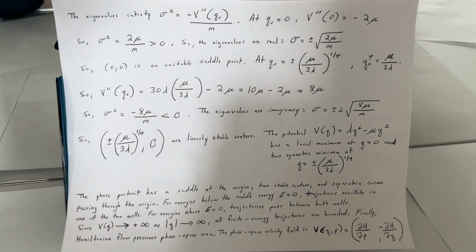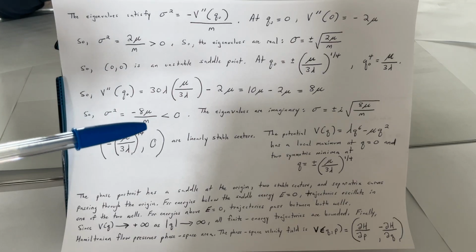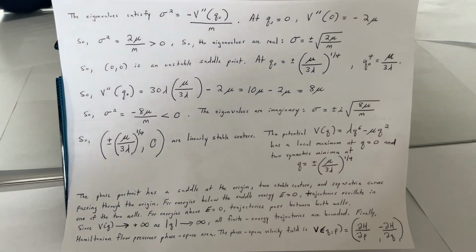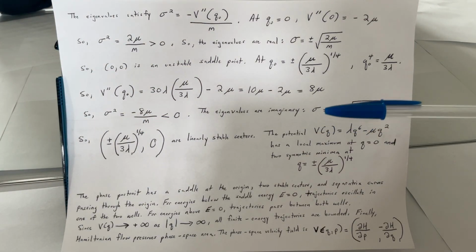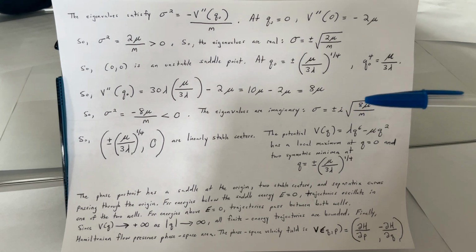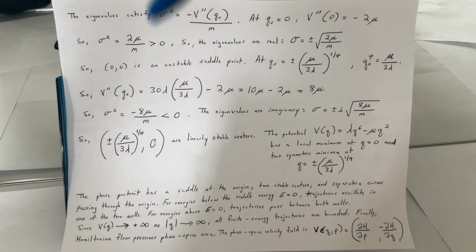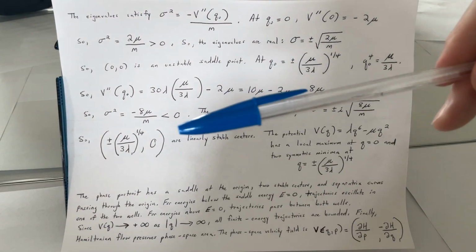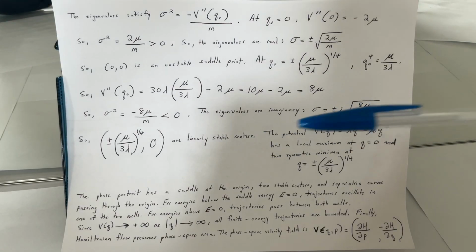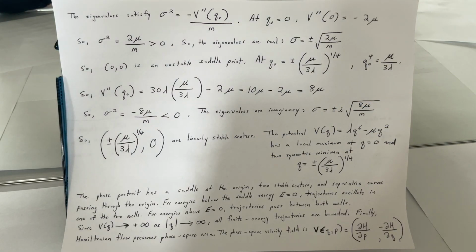So sigma squared equals negative 8 mu over m. That's less than 0, so the eigenvalues are imaginary, because sigma equals plus or minus i times the square root of 8 mu over m. And that yields the points plus or minus mu over 3 lambda to the 1/4, 0, and these are linearly stable centers.